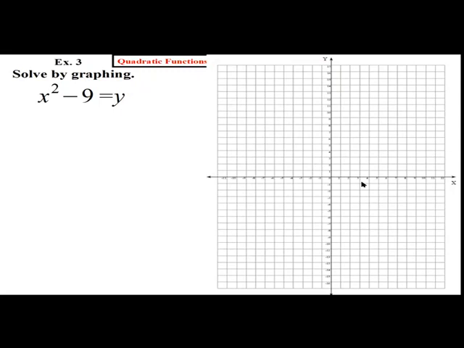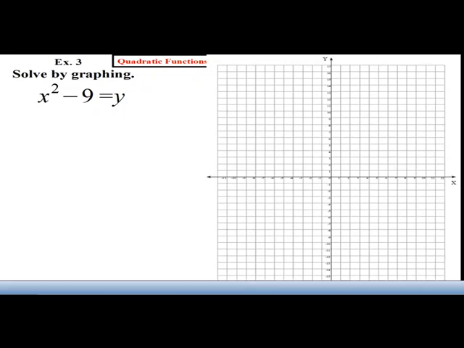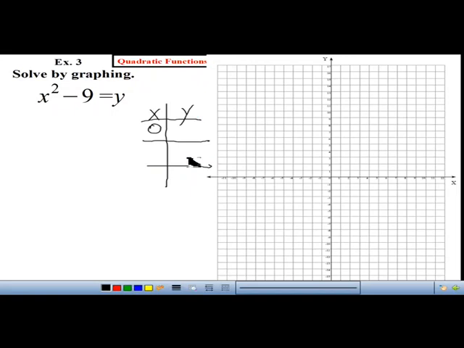Ready? Okay, so to graph this, look up. I want you to get a table going. First, we're going to substitute 0 for x. And then we're going to substitute 0 for y.